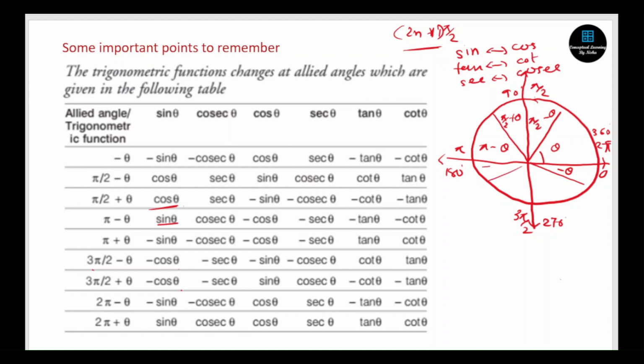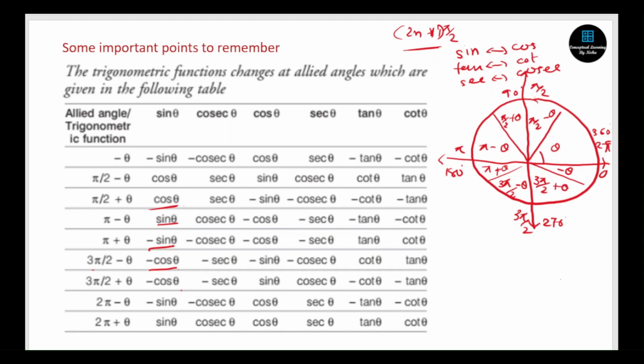Now when I talk about pi plus theta, it is in the third quadrant. In the third quadrant sine is negative, so sine remains as sine, but it is minus sine theta. Then this is 3 pi by 2 minus theta. Okay, so sine changes to cos. In the third quadrant sine is negative, that's why this is negative cos theta. 3 pi by 2 plus theta.